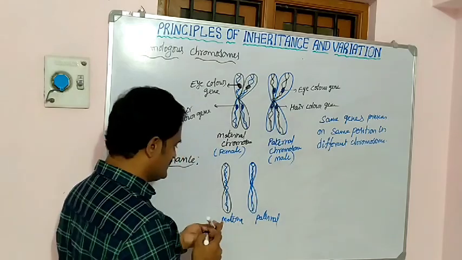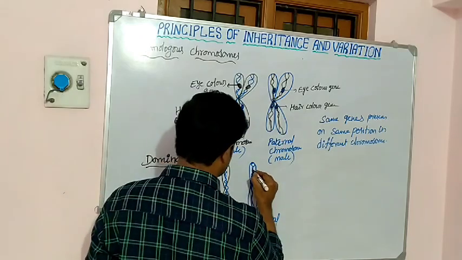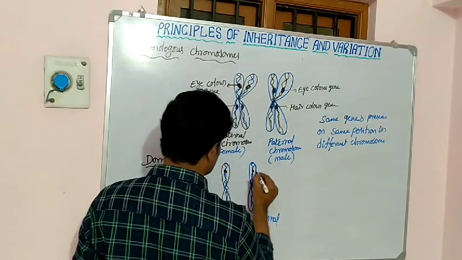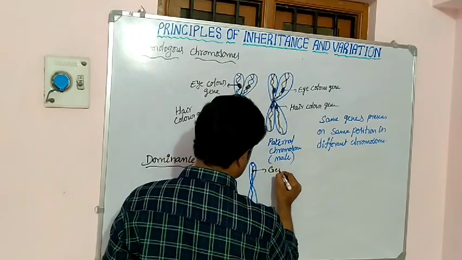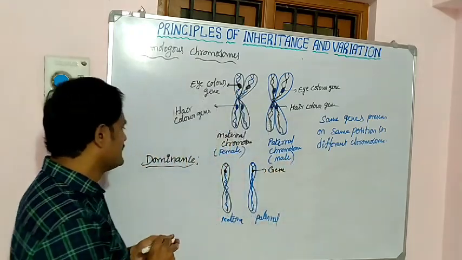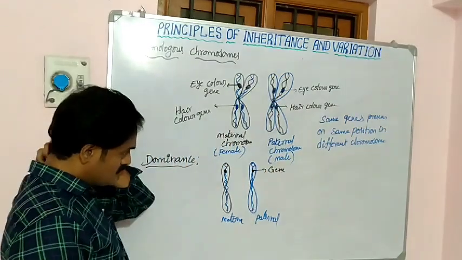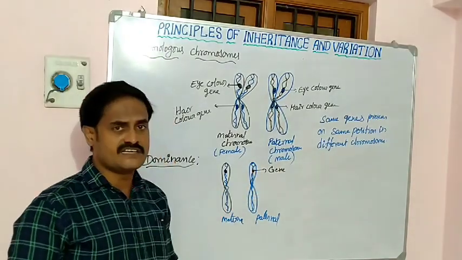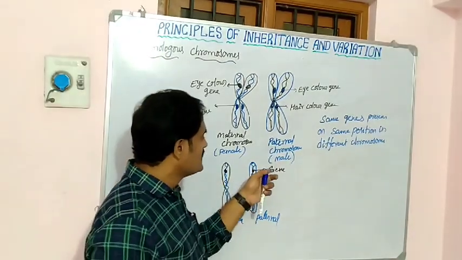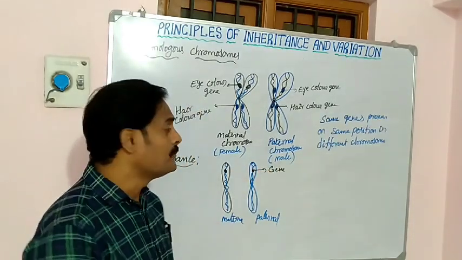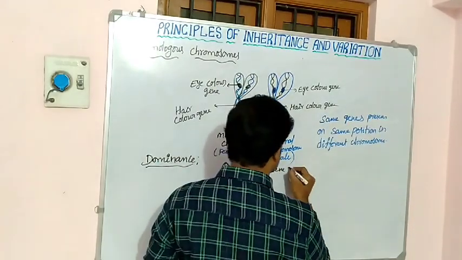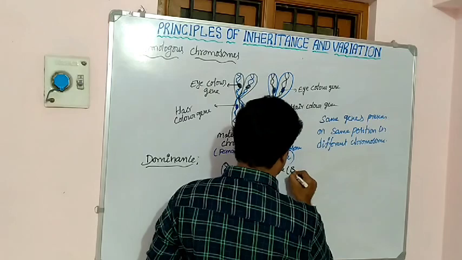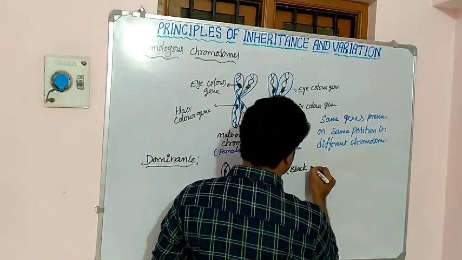A part of the DNA is called what? Gene. Suppose this portion of the gene decides the black eye color.